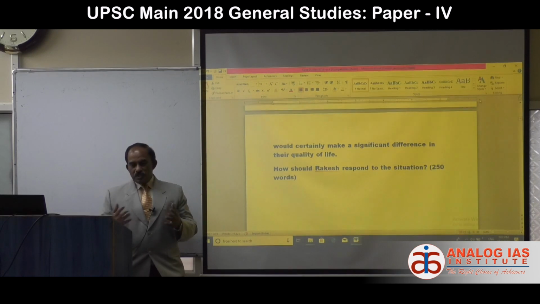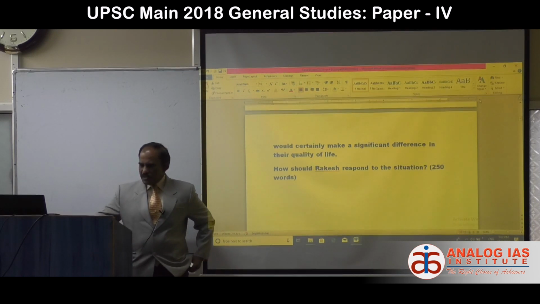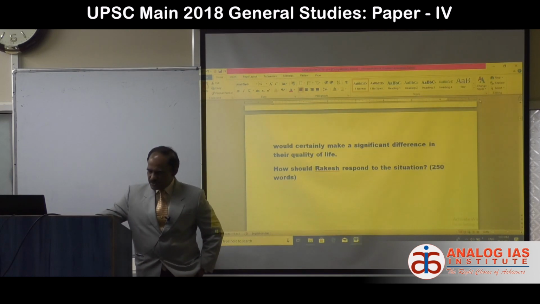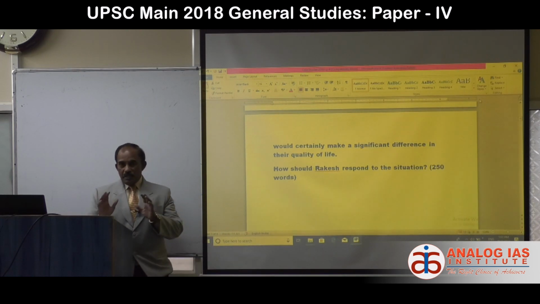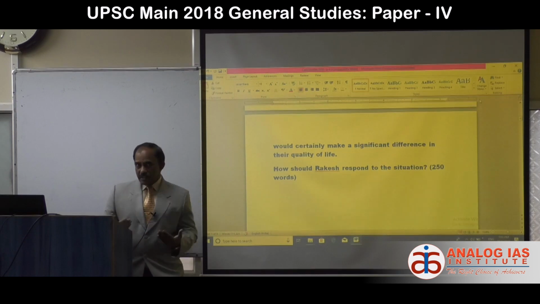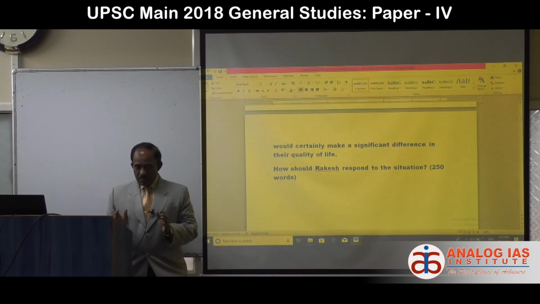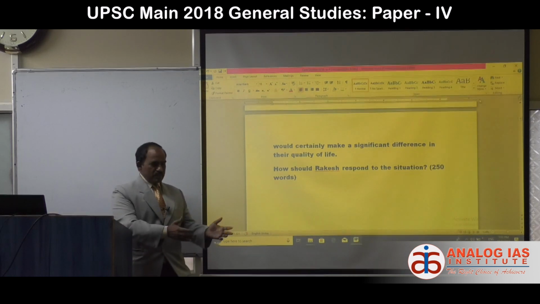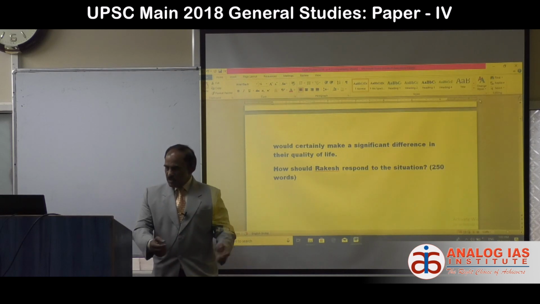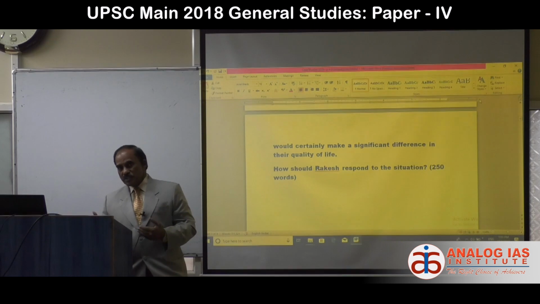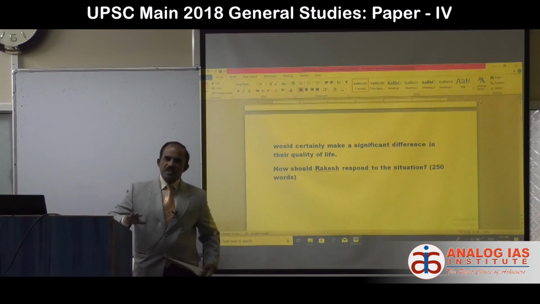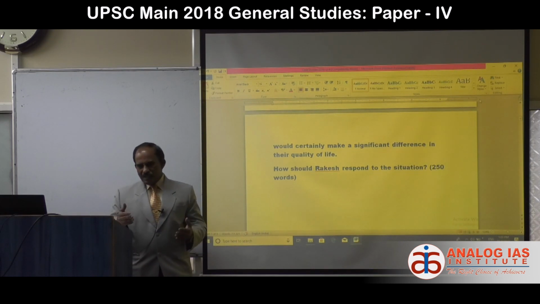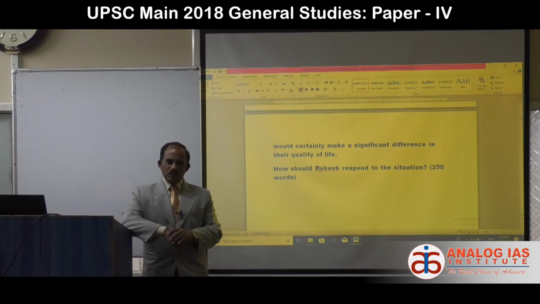Then what are the pros and cons? What the advantages and disadvantages? In the case of simply ignoring the case, the officer or Rakesh will be safe because nobody can question him. He can safely say that this is against the norms. But the disadvantage of this is that he is a robot, inhuman, not caring for the people.